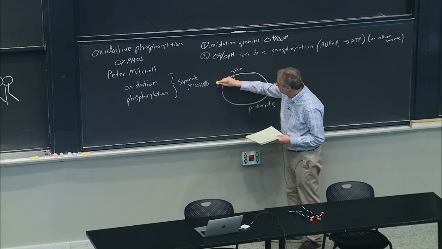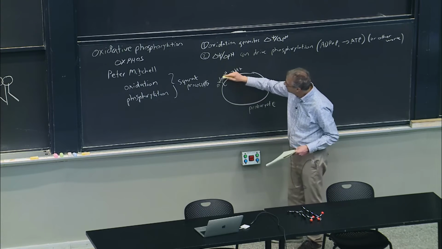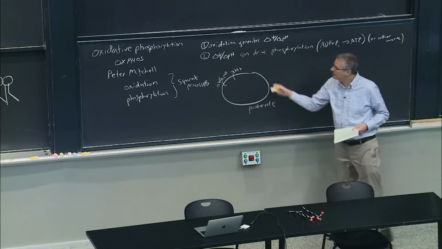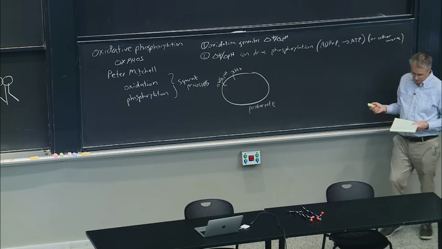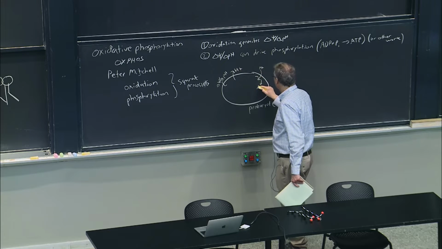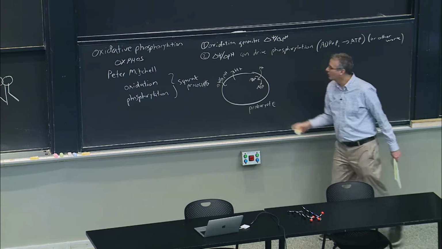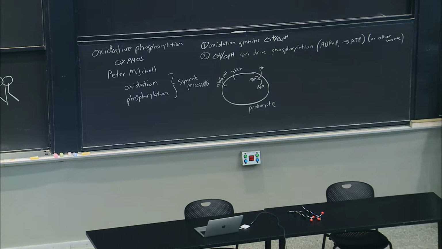That creates a battery at the cell membrane of the prokaryote, and separate in space, that can then be used to drive ATP synthesis or do other work that's useful to maintain that prokaryotic cell.